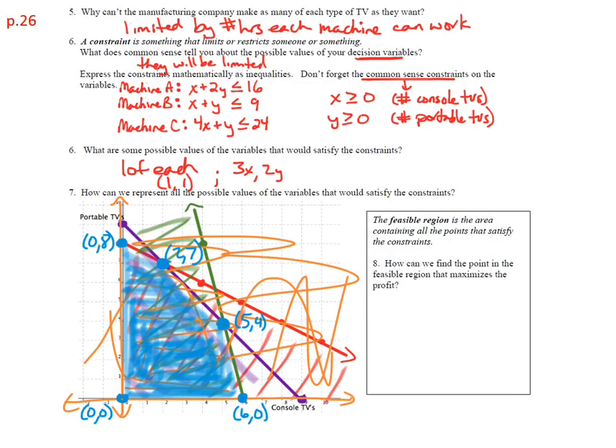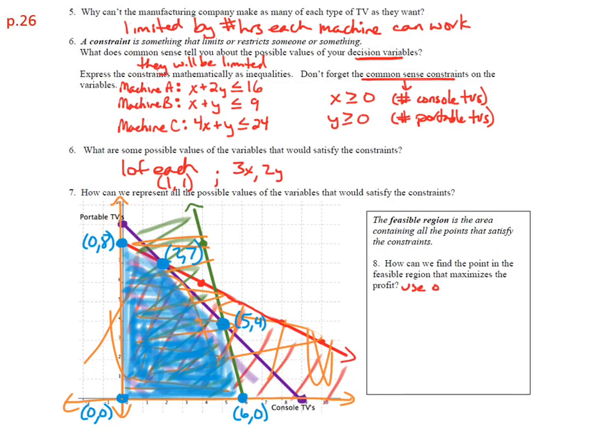And we'll erase some of this just to make things a little bit easier to read. Oops, didn't mean to erase my line there. There we go. Alright, so now that we have our feasible region, how are we going to use that to find the maximum profit? Remember we talked about all those ordered pairs?